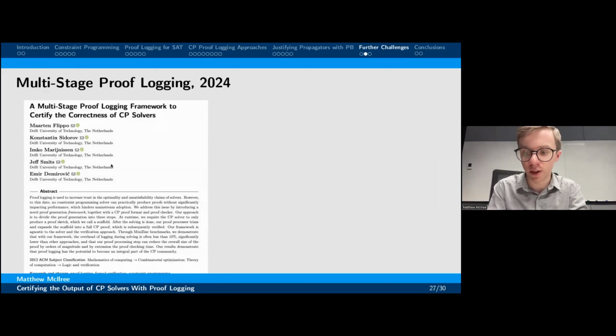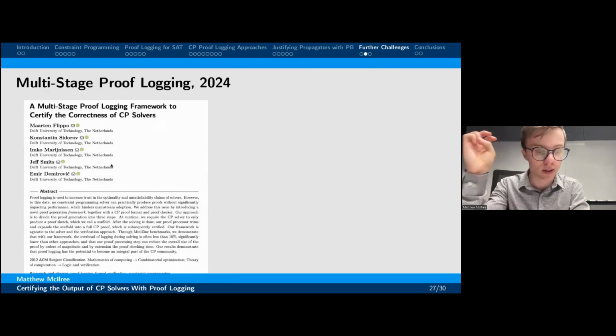Very quickly, I should definitely talk about the one significant proof logging paper that has appeared in the last 5 years, other than the stuff that we've directly worked on. This is introduced by a group at Delft University.